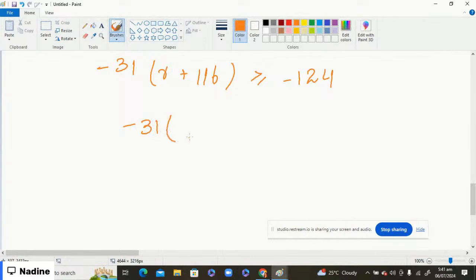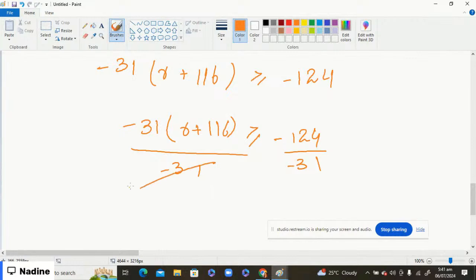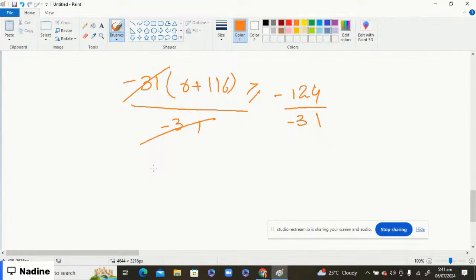This minus 31 cancels out. What's left? r plus 116. The minus and minus sign cancel out.